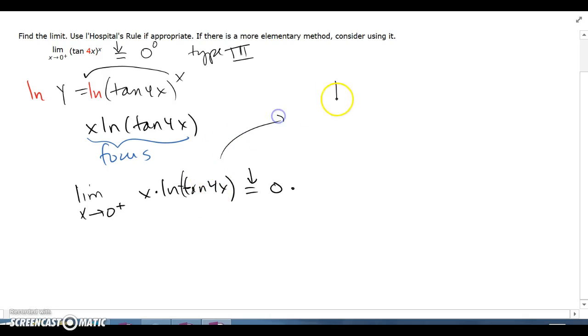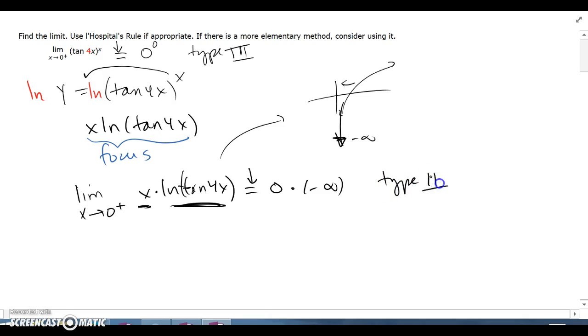And remember, the ln graph looks something like this, so if you're going towards 0, this is going to shoot down and go to negative infinity. So the first piece goes to 0, the second piece goes to negative infinity, and therefore now we're looking at a type 2 L'Hopital problem.